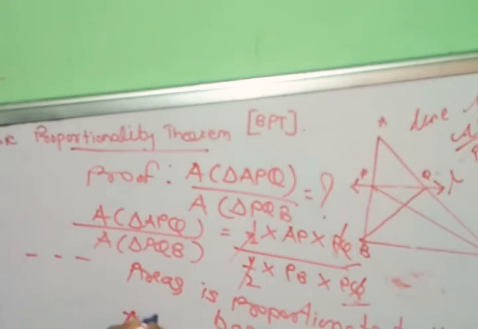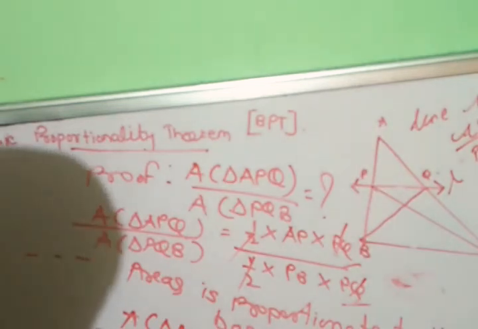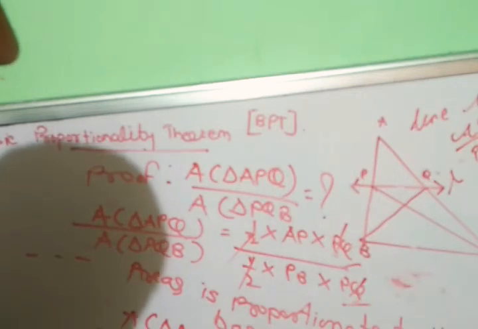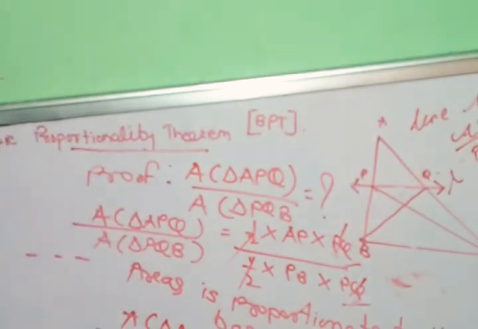So the area of triangle APQ by the area of triangle PQB is equal to AP by PB. For this we give the number 1.